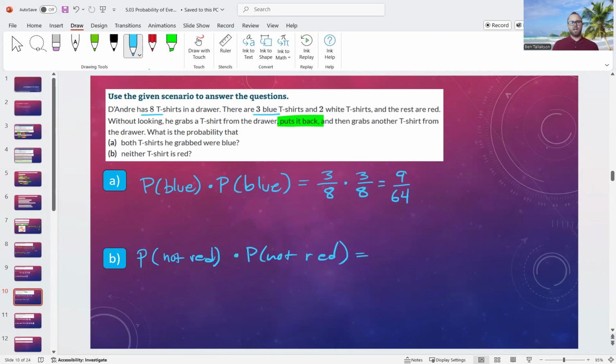And what is that? Not red is going to be blue and white. So that is 5 eighths times 5 eighths, 25 64ths. That's a much better probability. Close to 1/2.